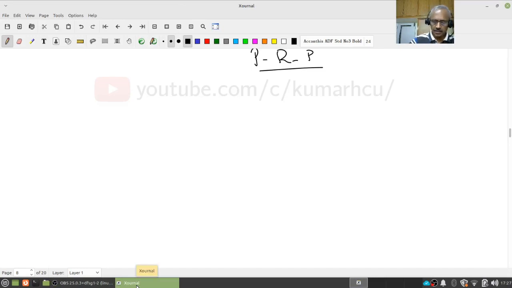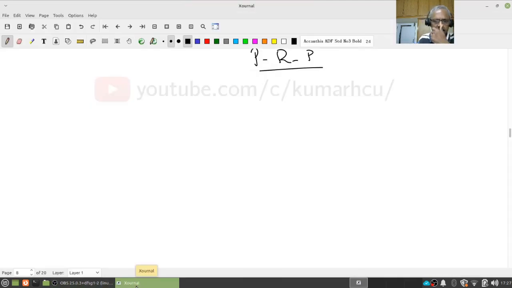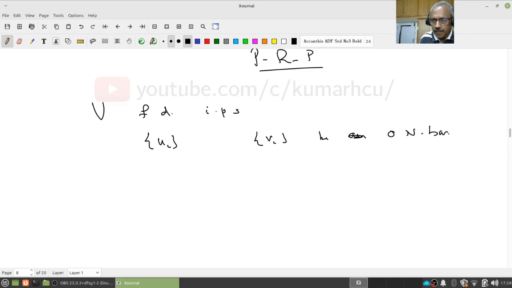So the idea is, let V be a finite dimensional inner product space, and ui and vi be two orthonormal bases of V. Then let f of ui equal vi for 1 less than or equal to i less than or equal to n.